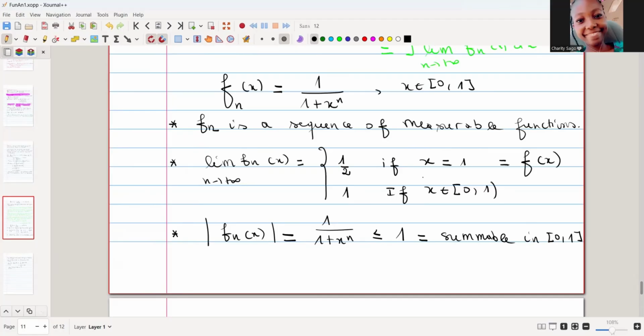So it means that this sequence of functions does not converge uniformly. So we cannot have uniform convergence here, because this pointwise limit is not continuous.